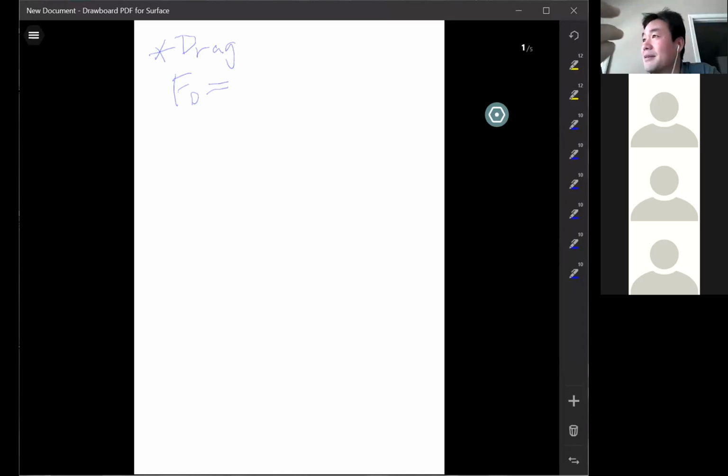Maybe you design a race car or whatever, that also has drag force. It's one of the most important things to consider, right? Drag force is always calculated by CD. You may have seen the coefficient CD before. It's called drag coefficient. The equation is equation 6.16 in the textbook.